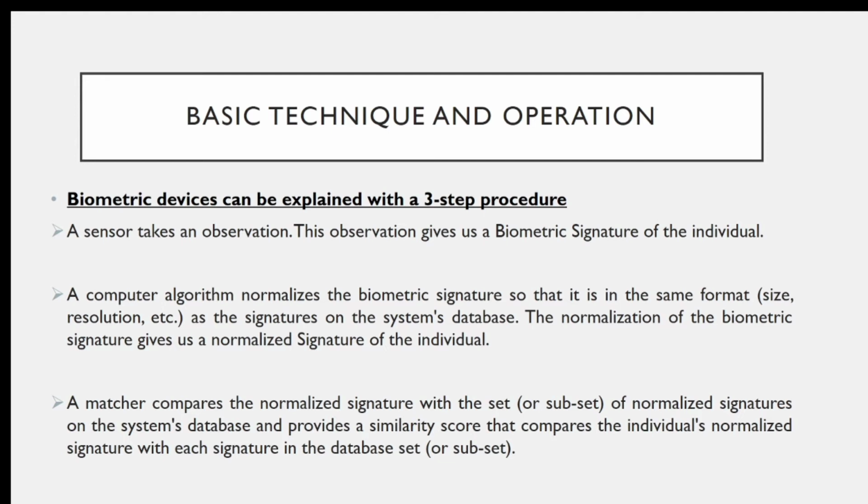Then a computer algorithm normalizes the biometric signature so that it is in the same format as the signatures in the system's database. This gives us a normalized signature of the individual. Then a matcher compares the normalized signature with a set of normalized signatures in the system's database and provides a similarity score that compares the individual's normalized signature with each signature in the database set.